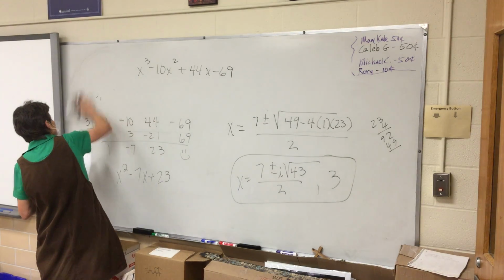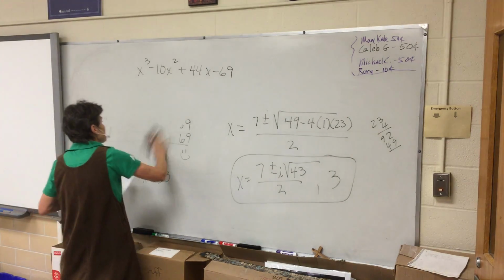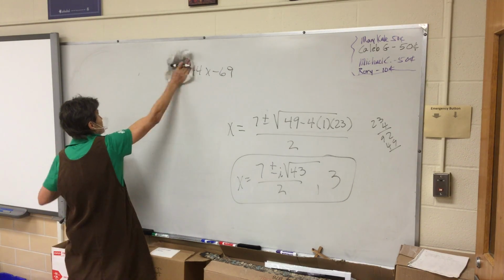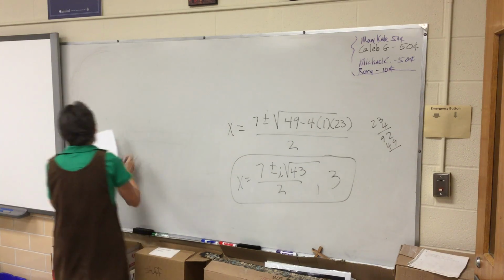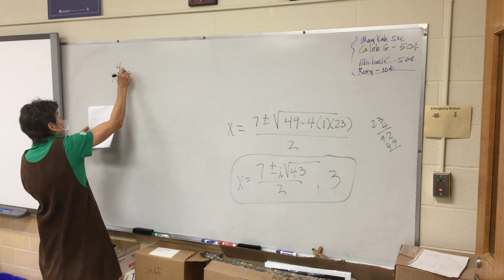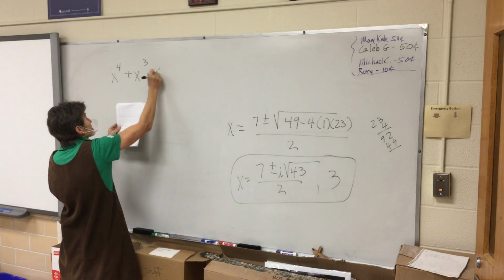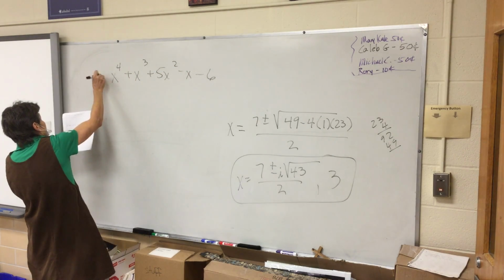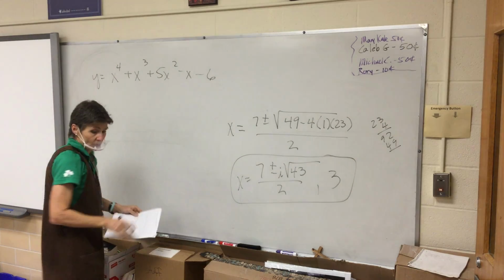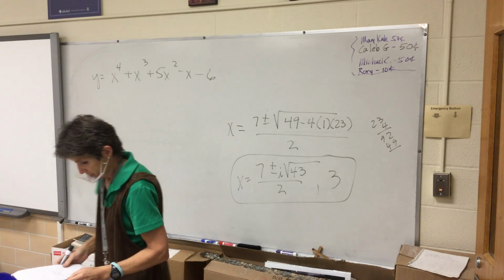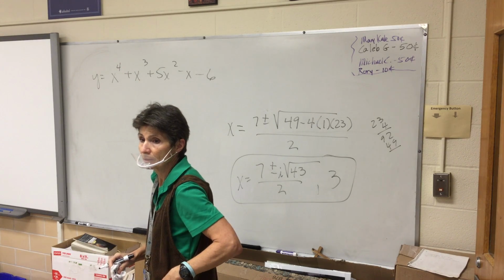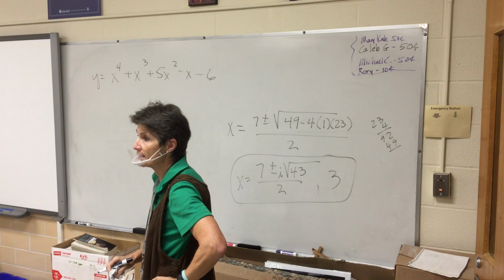Here we go. This is a 4th degree, which means ultimately you better come up with 4 answers in your answer blank. But it's a little bit easier because there aren't very many PRRs. Factors of 6: 1, 2, 3, and 6, plus or minus.